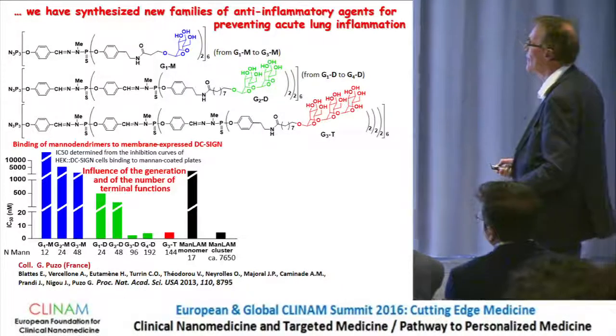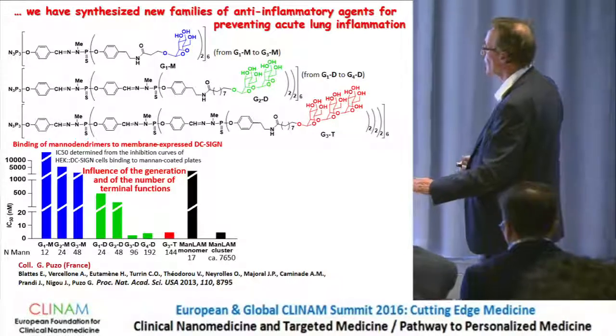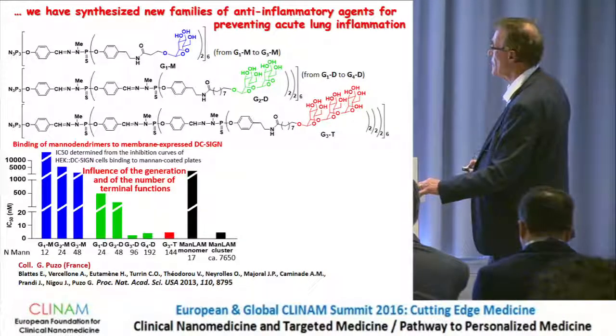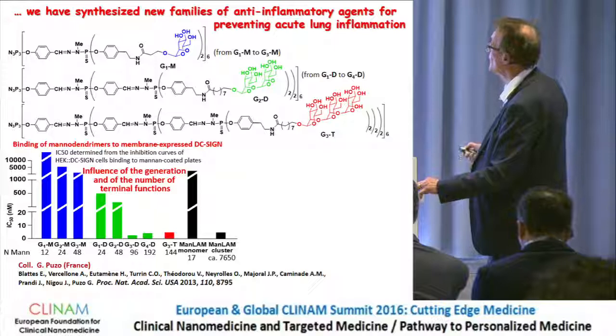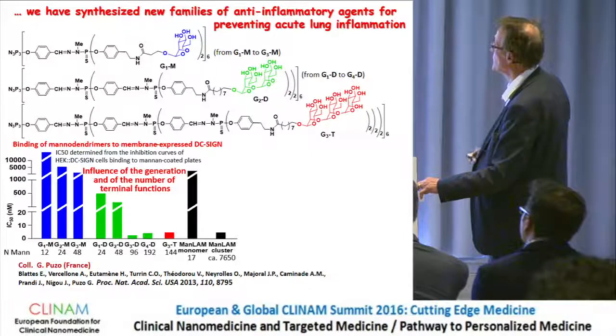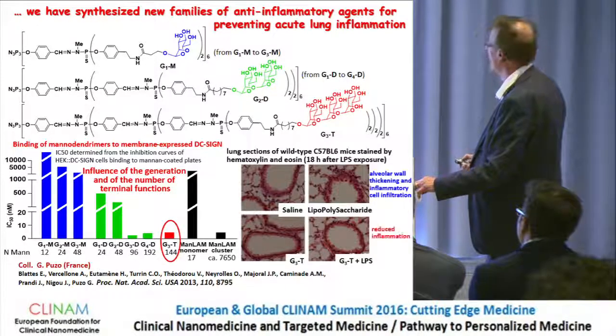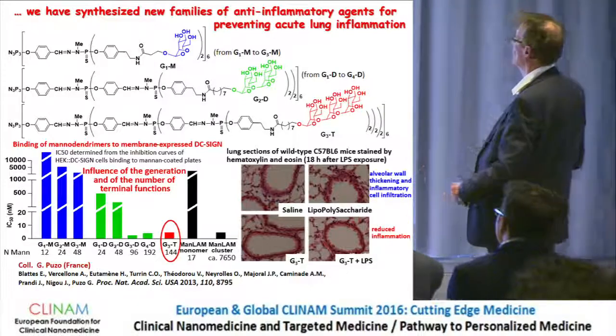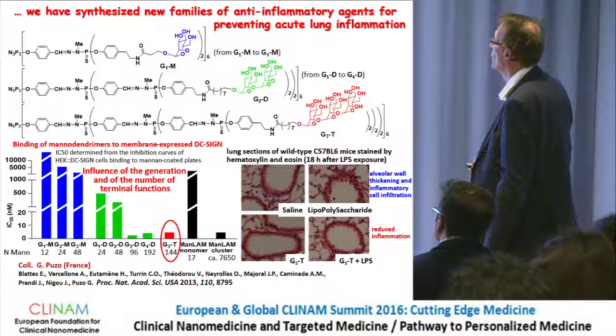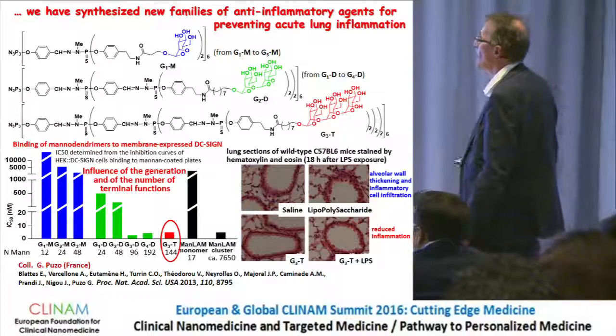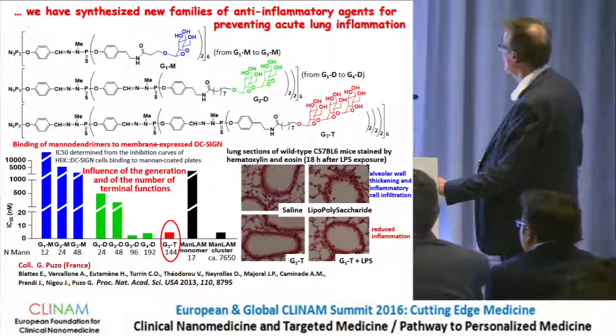You can see that we have excellent results working with a generation 3 or 4 dendrimer with this mannose unit, or with a generation 3 dendrimer with 48 mannose units. And here you have an example of the result concerning the lung section of a wild-type mouse stained by hematoxylin and eosin.